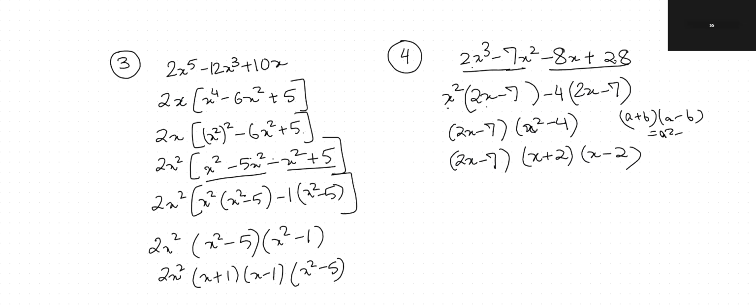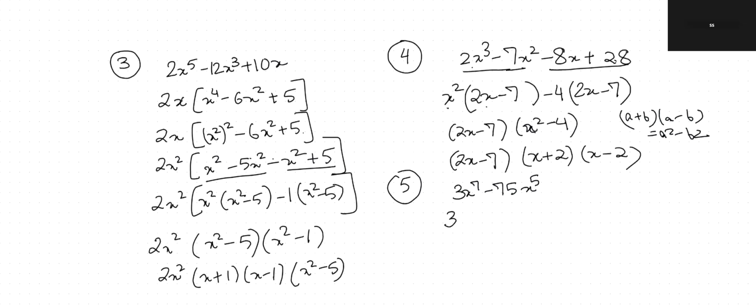Okay. We can do the other problem also. That is 3x^7 minus 75x^3. Okay. So we can factor 3 out because it's a factor of 75 and 3 also.